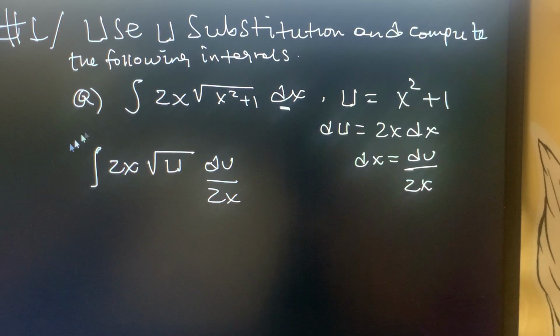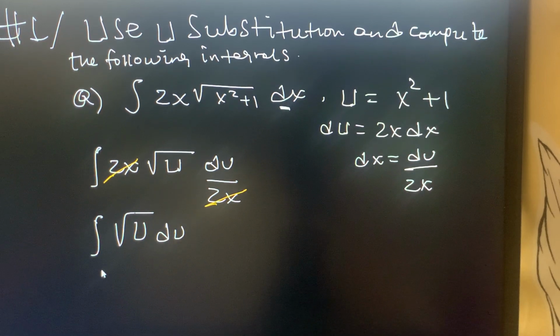If I substitute, this becomes easy to do some cancellation. I can cancel the 2x from the bottom and the 2x from the top, and I will have the integral of square root of u du.